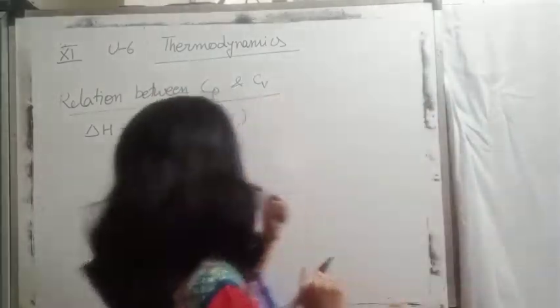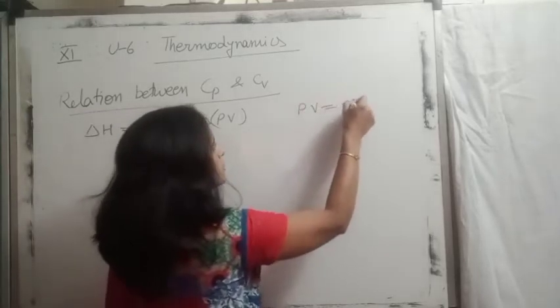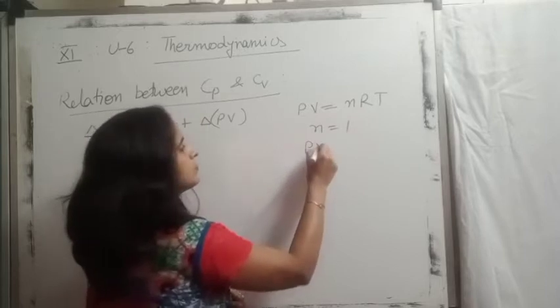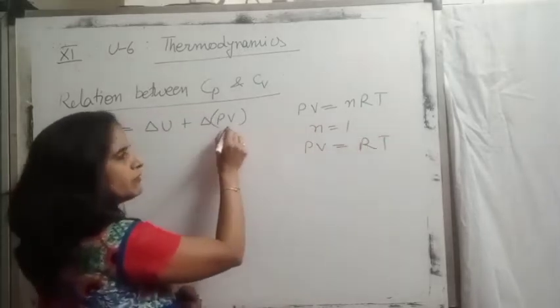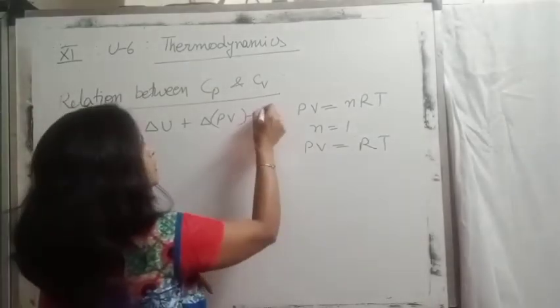How? Just check. From the ideal gas equation, we know PV equals nRT. If n equals 1, then PV equals RT. So in place of PV, we can substitute RT. Let this be the first equation.